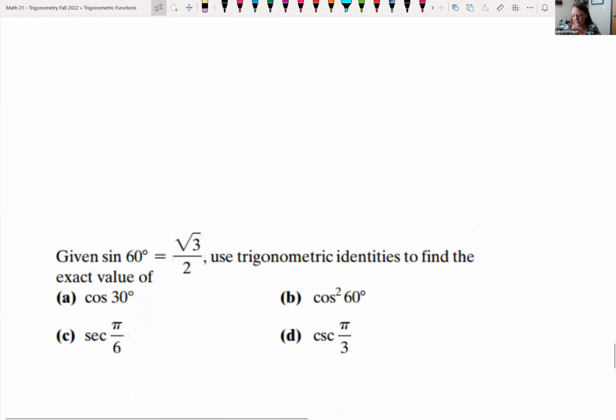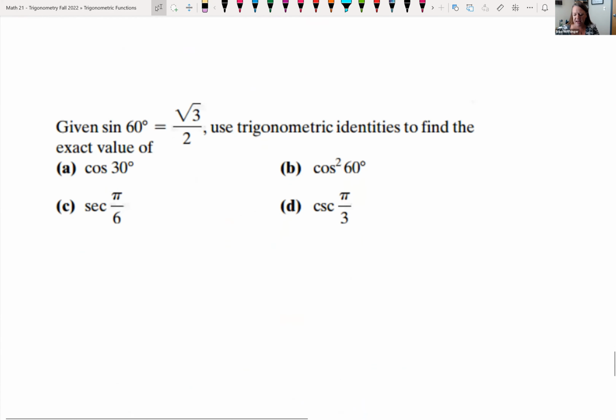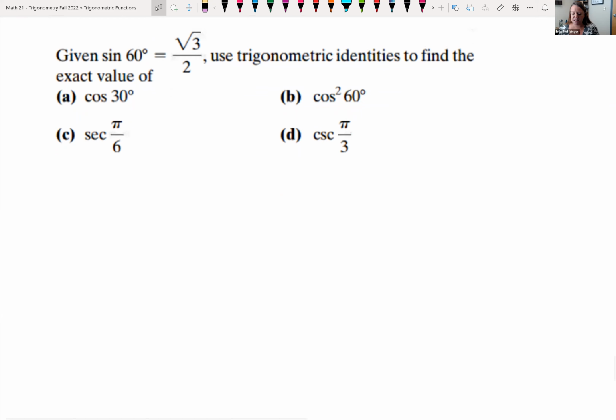Let's look at another example. Given that sine of 60 degrees is √3/2, we're going to use our trigonometric identities to find the values of, let's look at first A, cosine of 30 degrees.